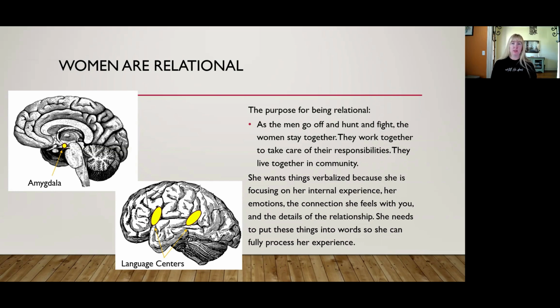She really wants to understand how he's feeling about it too, and how the emotions and the relationships filter into the subject at hand or the problem at hand, which for him, there may not be a lot of that because he may be exclusively or more directly focused on the right amygdala and problem solving externally, and not factoring in what the left amygdala would bring to the table.